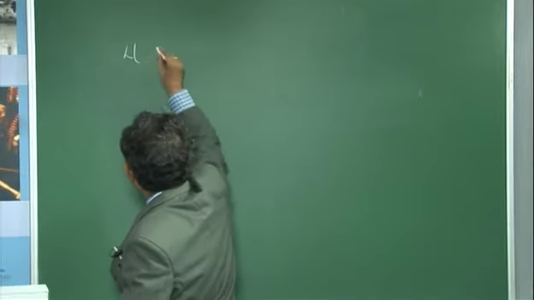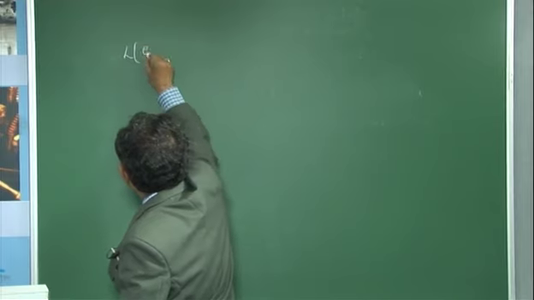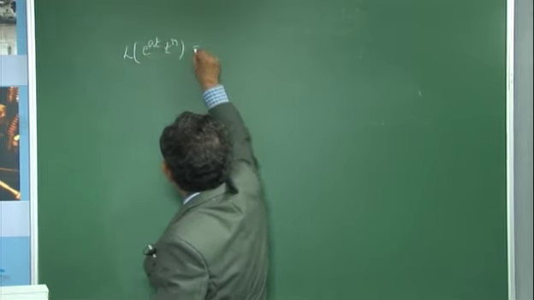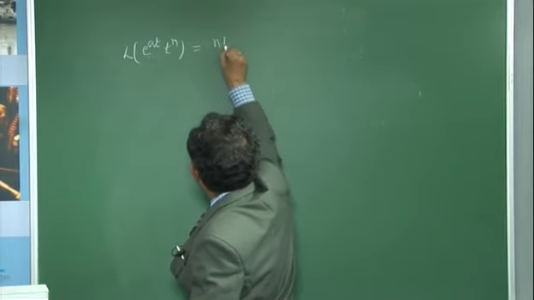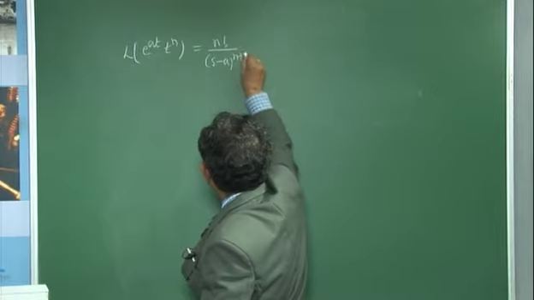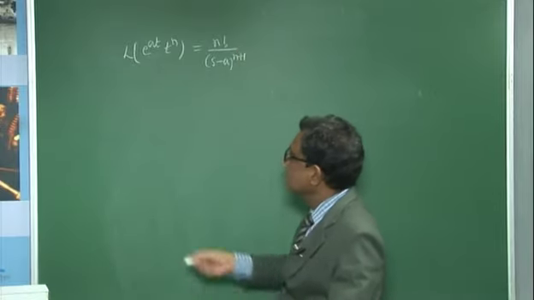L of e raised to at t raised to n is n factorial divided by s minus a whole to the power of n plus 1.